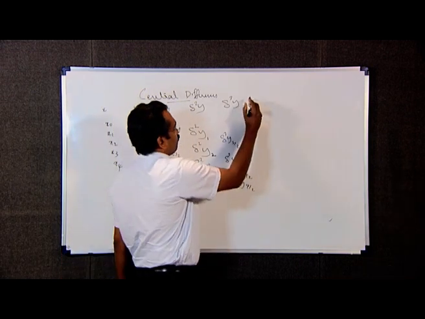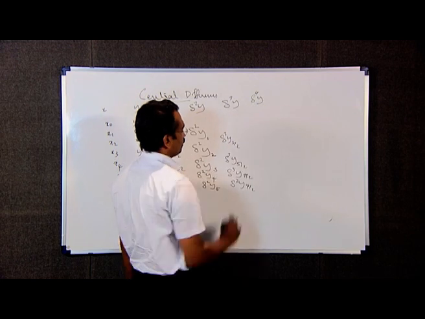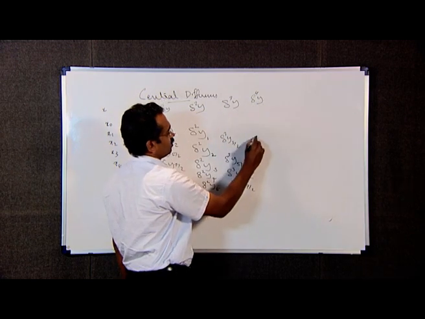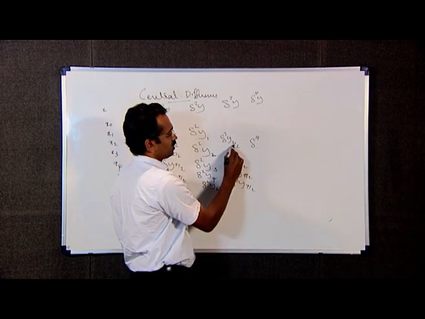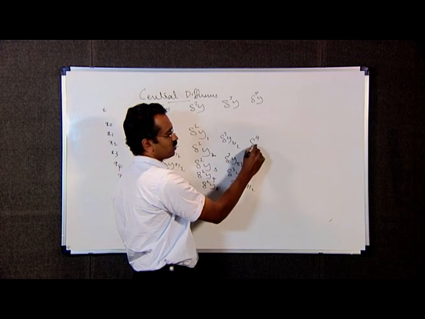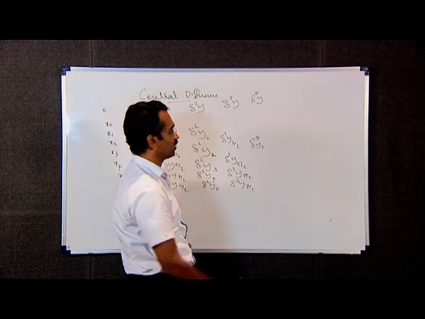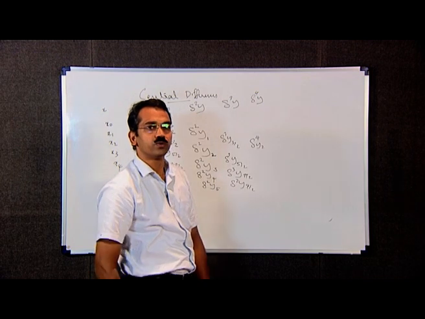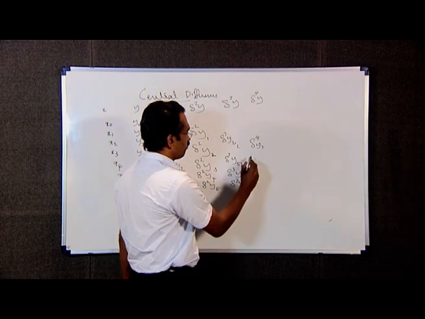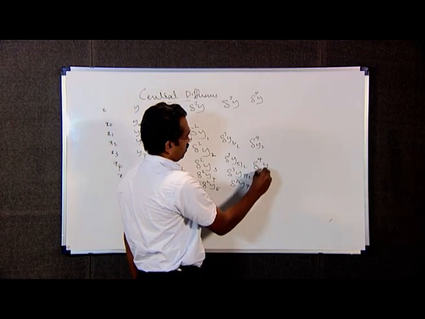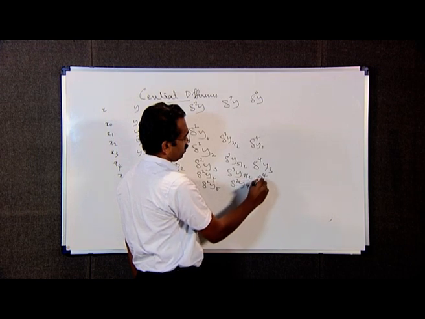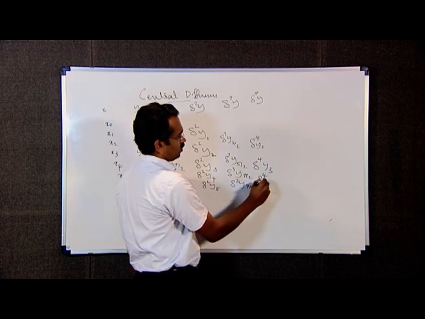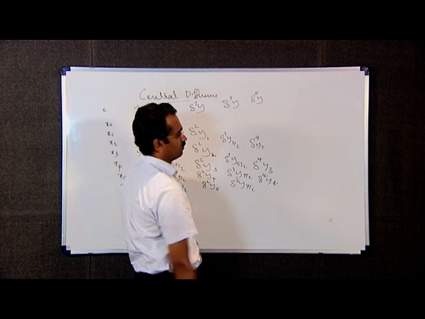And the fourth differences are delta raised to 4 y 2, delta raised to 4 y 3 and delta raised to 4 y 4.